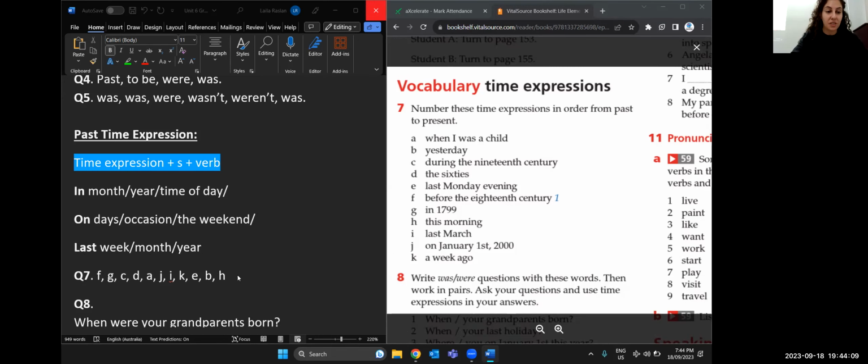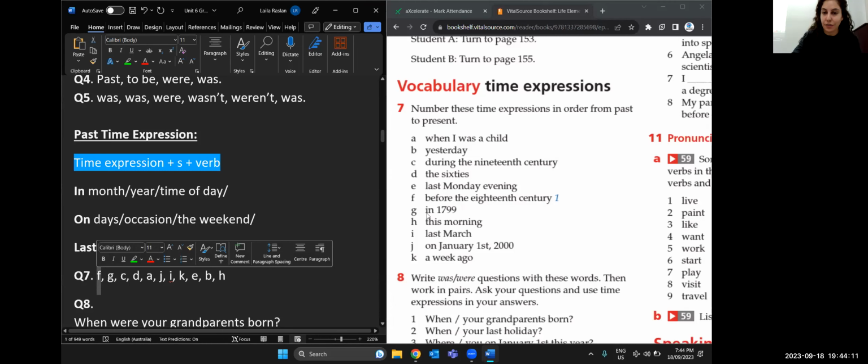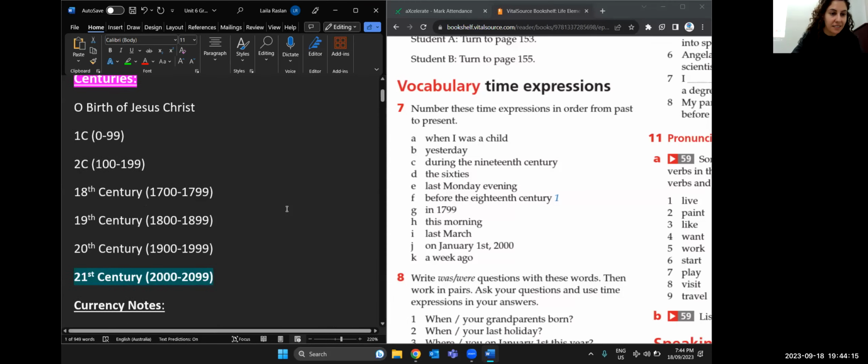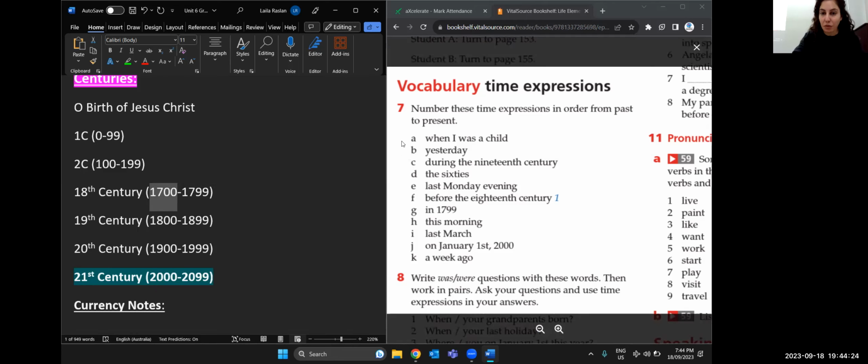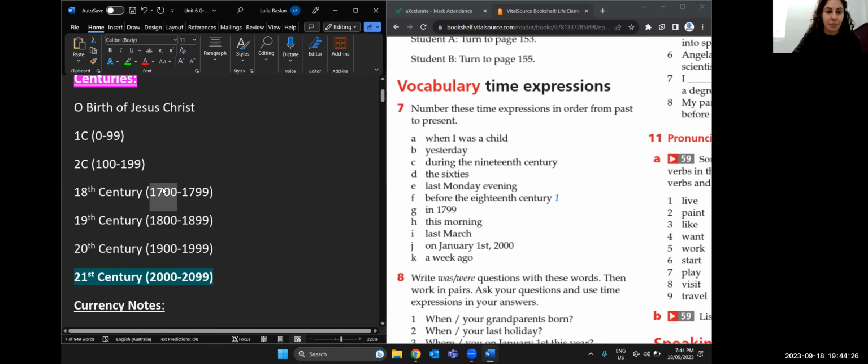That's the oldest time, number F, before the 18th century. What year is that? That's the years before the 1700s. That's the oldest time of all these sentences. So it means before the year 1700.